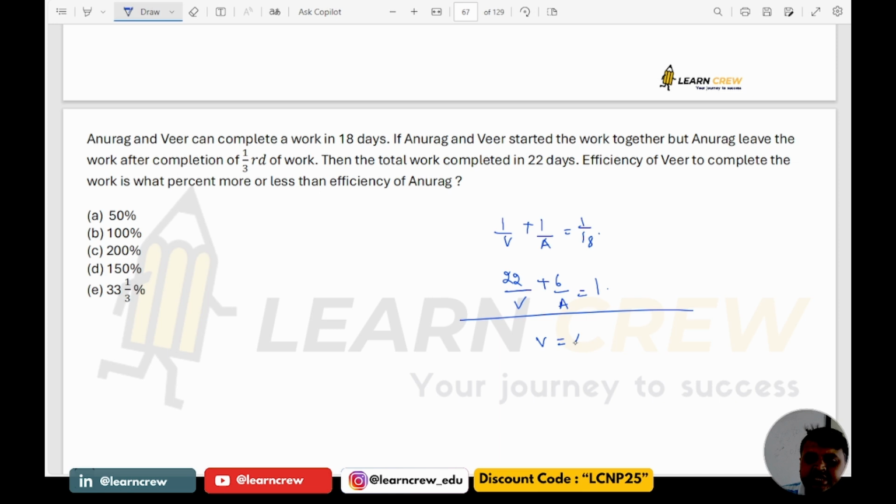You're going to get B as 4 and A as 3. So the efficiency of Veer is how much more than that of Anurag? 4 is more than 3 by 1. So it is 1/3 more. 1/3 means 33.33%.